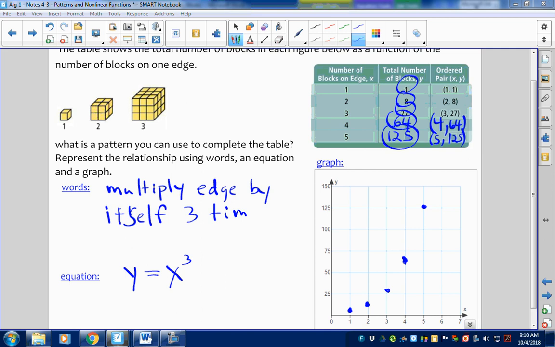And it's very nonlinear, so it grows very quickly. It kind of looks like the x squared one, the one that we did with the pizza area, but this grows faster.